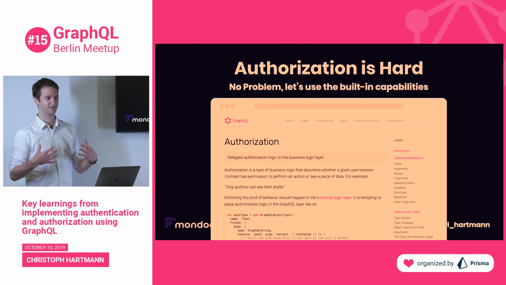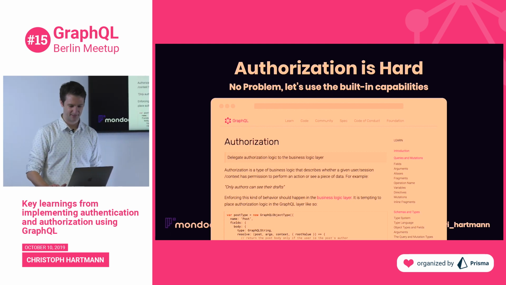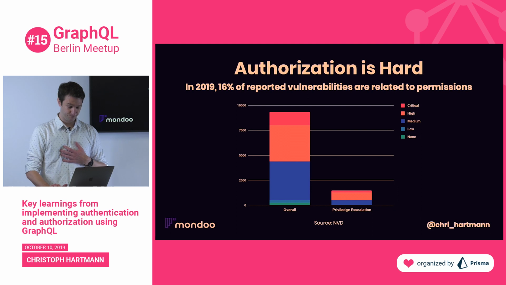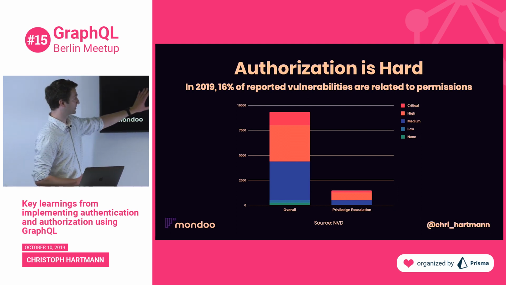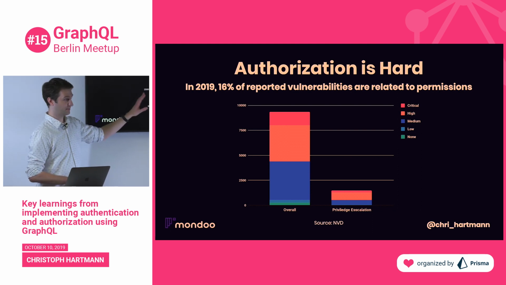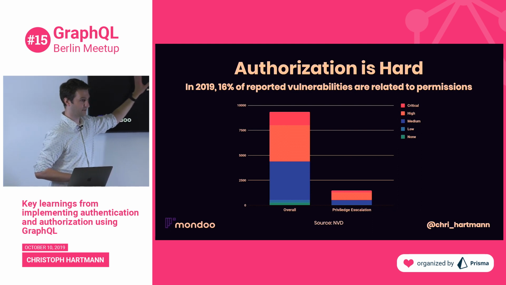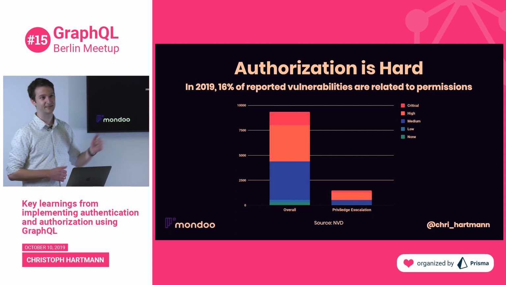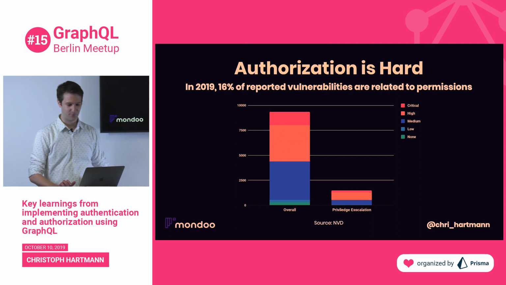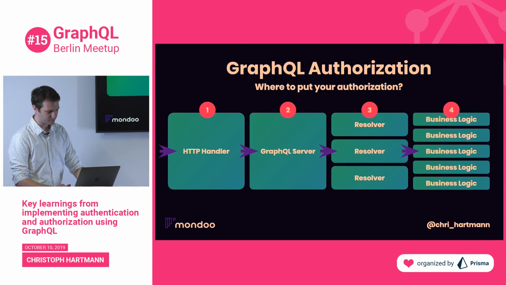Cool. So nothing is done for me now, so I need to start from scratch. Is this even a problem? I was just quickly researching, and from all published vulnerabilities, it's about 16% of vulnerabilities. So yes, it's a big problem, and you probably should deal with it.